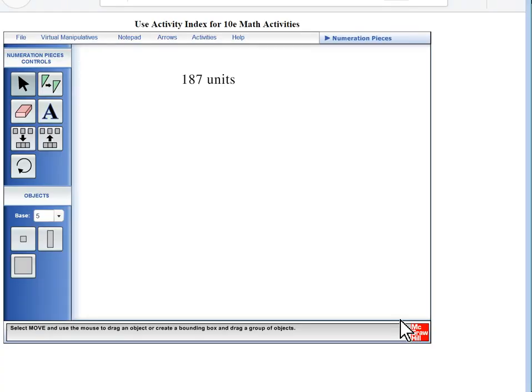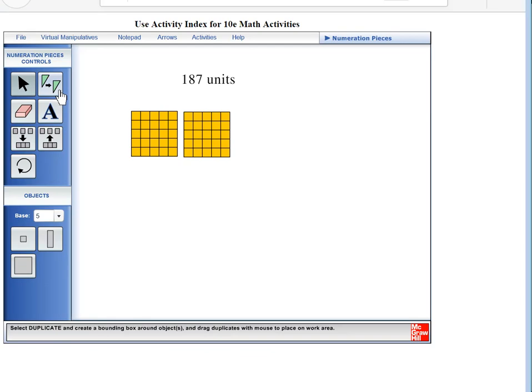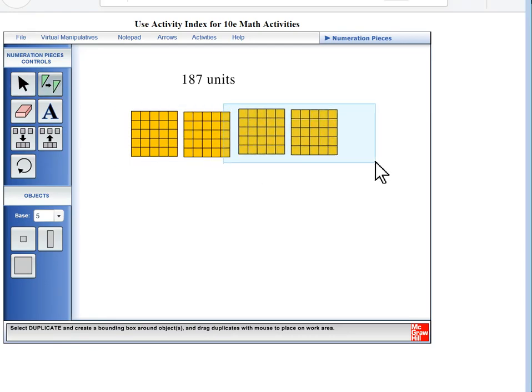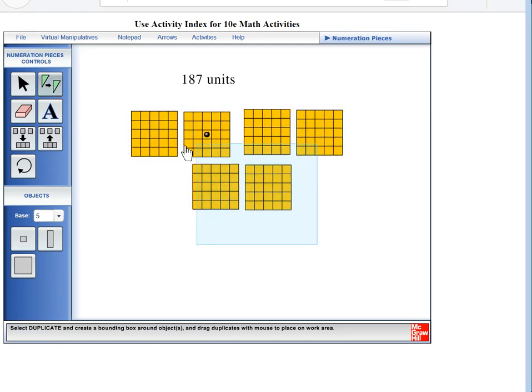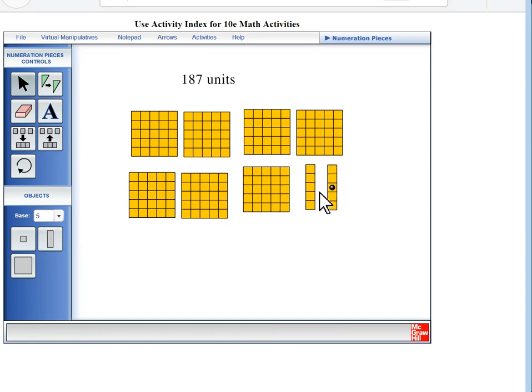For example, if I gave you the number 187 units, I could have 25, 50, 100, 150, 175, 180, 185, 186, 187.